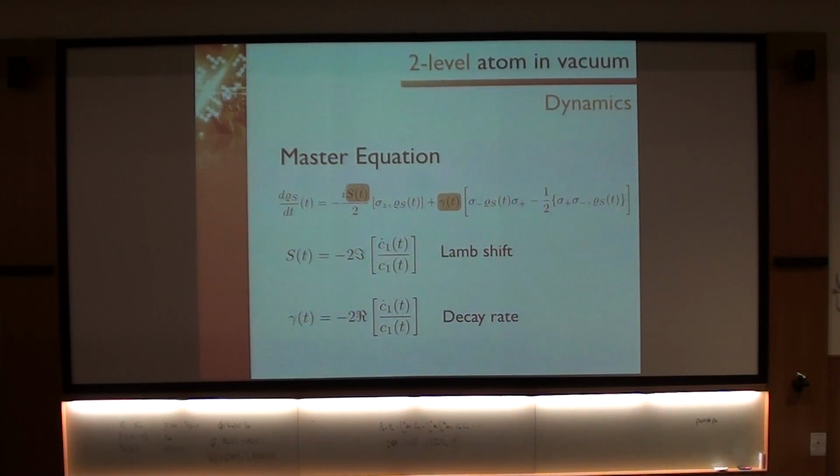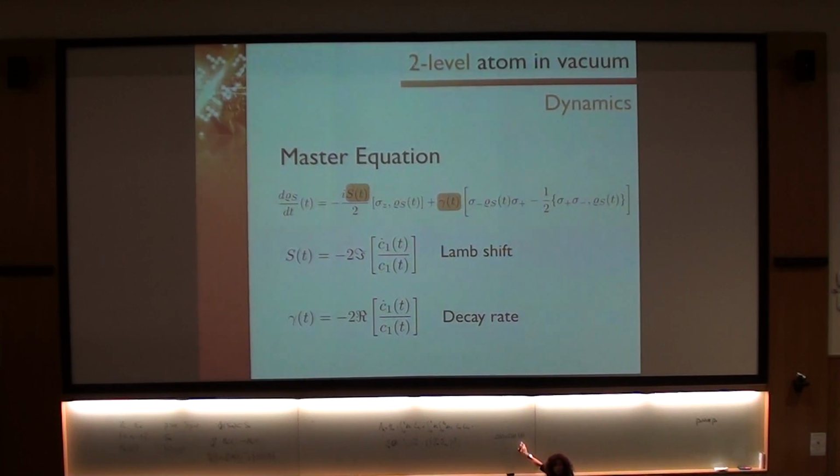Of course, please notice, there is one point here, sort of a catch, that is the fact that these coefficients do not depend on the initial condition, simply because the solution in general, C1 of t, can be written as C1 of 0 times f of t.